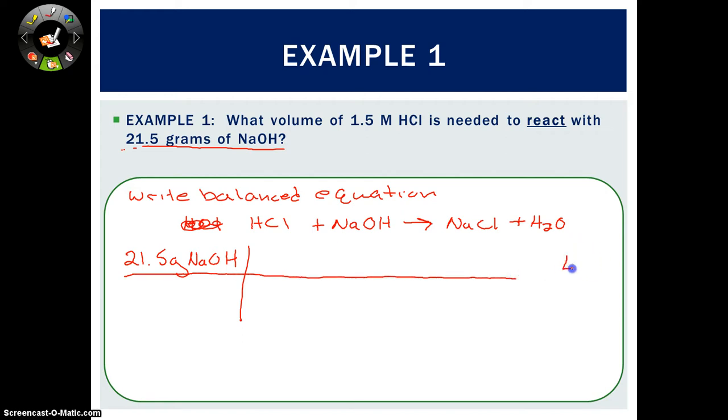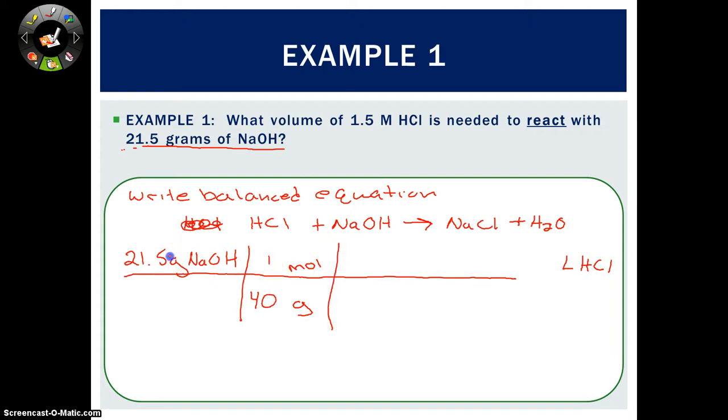In the end, I'm trying to find liters of hydrochloric acid. Okay, so grams to moles always first to be able to use any sort of stoichiometry. The molar mass of sodium hydroxide, sodium is 22.99 plus 1.01 for one hydrogen plus 16 for oxygen. The molar mass of sodium hydroxide is 40 grams per 1 mole.